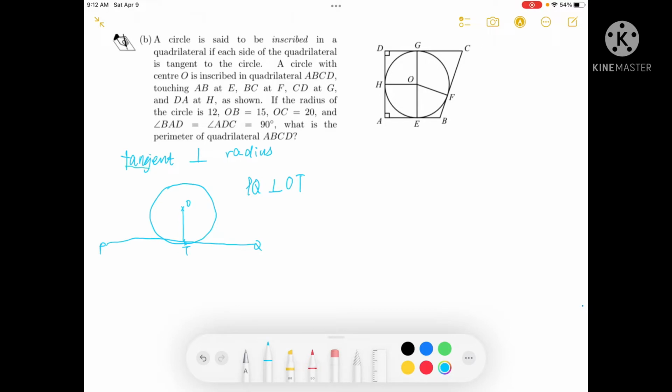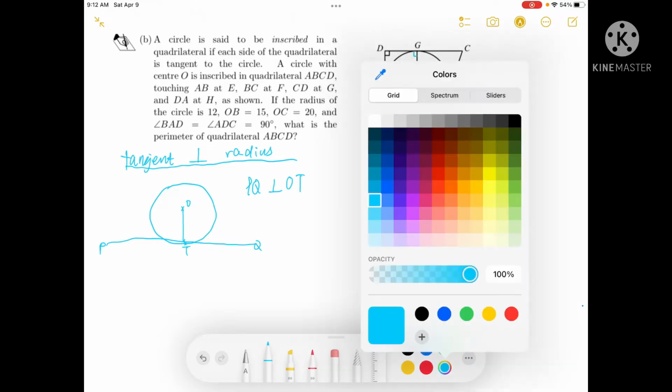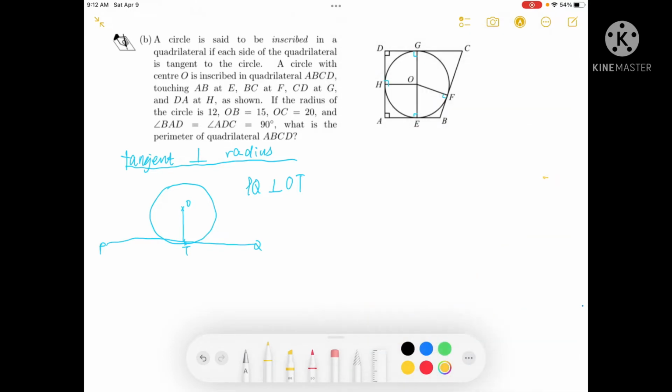Now let's continue reading the question. We know that they are tangents, so these are all perpendicular. Next, the radius of the circle is 12, so all these are equal to 12.